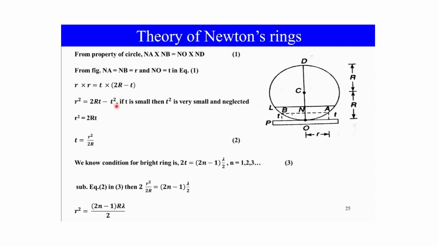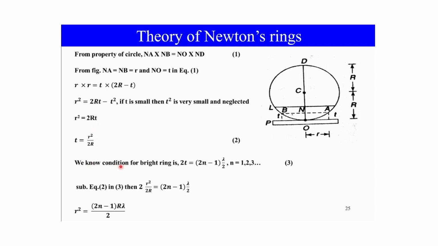Now in this equation, r square is equal to 2Rt minus t square. t is the thickness of the air film, which is very small, therefore the t square value becomes still smaller, so we can neglect the t square value in the above equation. Therefore r square is equal to 2Rt. Now t is equal to r square divided by 2R.